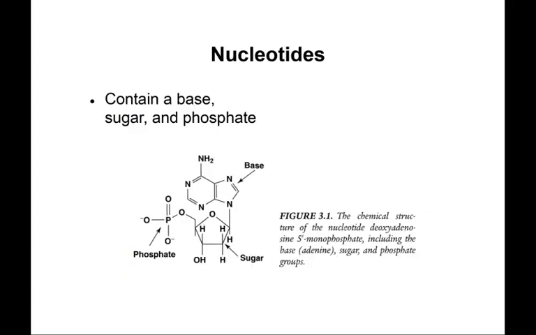So, the nucleotide is the main molecule within our cells. The structure of a nucleotide contains a base, a sugar, and a phosphate group.